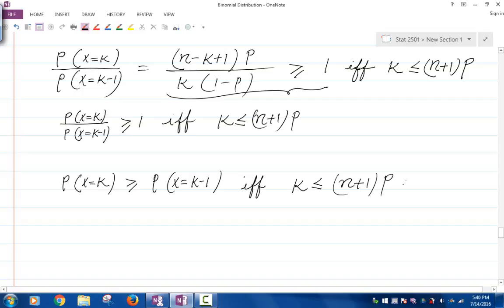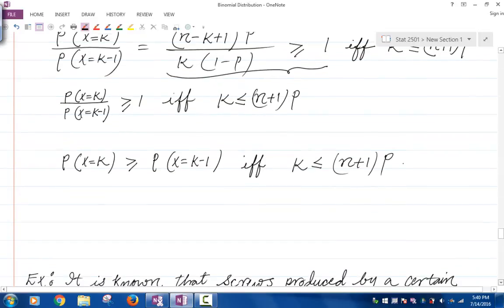So as long as k is less than n plus 1 times p, P of k is going to be greater than the previous P of k minus 1. But if k is greater than n plus 1 times p, then P of x equals k would be less than, so let me write that down.